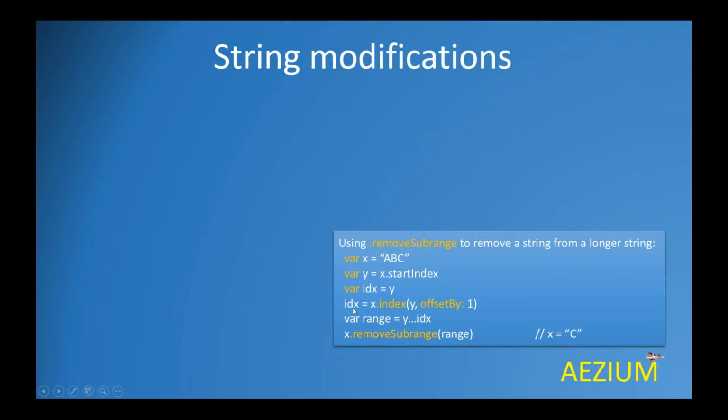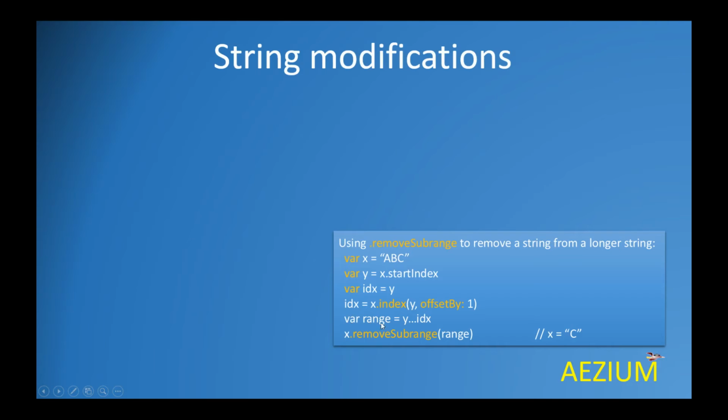So here we calculate the value of index that we want to use, and this would be the position within our string from which we want to remove some characters, right? So again, this is the same as before. So y is 0. In this case, this is a start index offset by 1. So idx will be equal to 1.